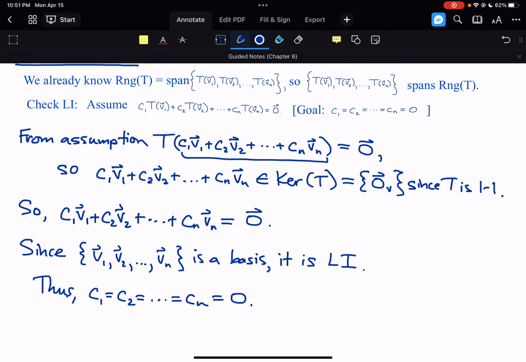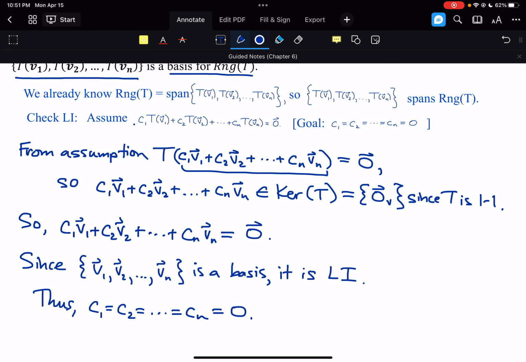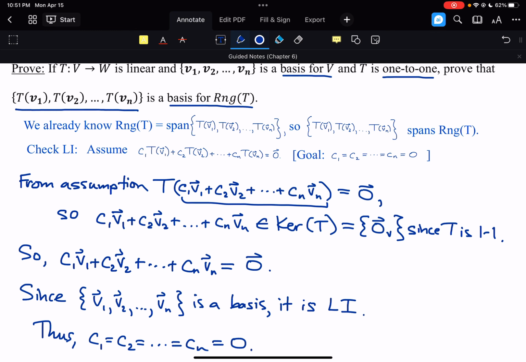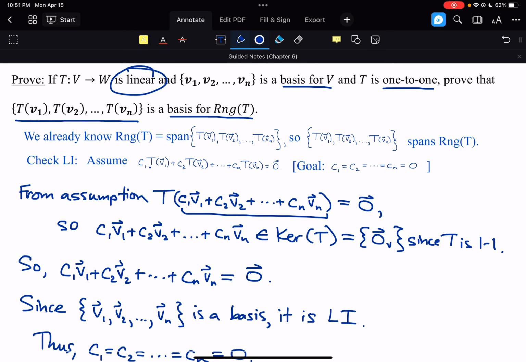But now, we were trying to prove that c1 through cn is 0. So let's verify really quickly that this is still the same c1 through cn that we were looking at. We started with this assumption: assume that this linear combination equals 0. Because we know this is a linear transformation, that allows us to move the constants in and combine across the addition.